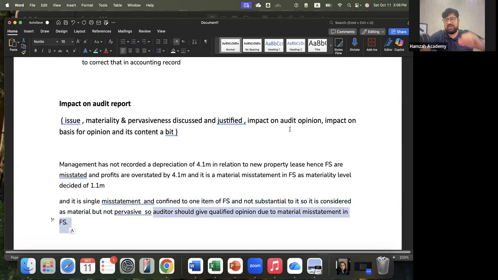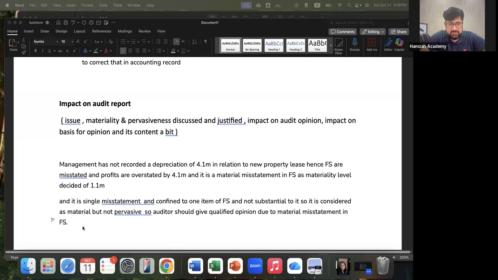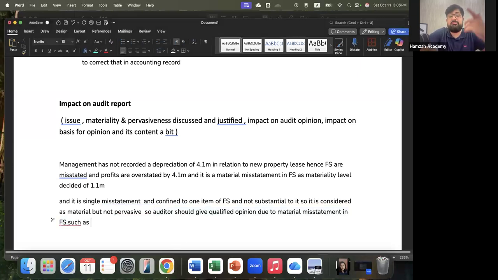What is the impact on our opinion? Presentation. Just see here. Some wording such as 'except for this matter, the financial statements give a true and fair view of the company's affairs.' This is very important.